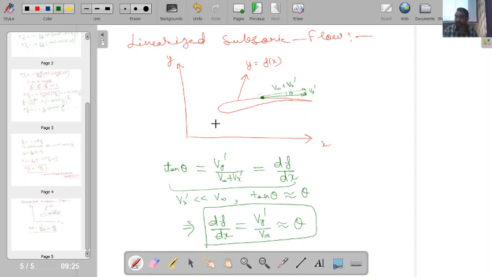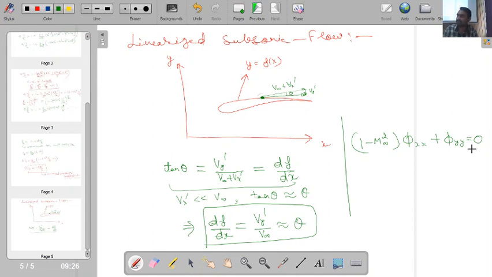Now for this type of aerofoil, we know our linearized equation. So what is the linearized equation? Yesterday only we derived (1 minus M infinity square) into phi xx plus phi yy equal to 0, for a two-dimensional system.